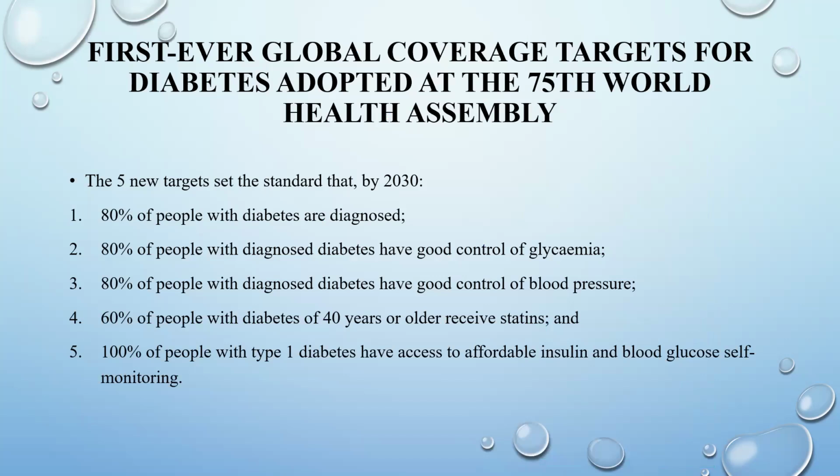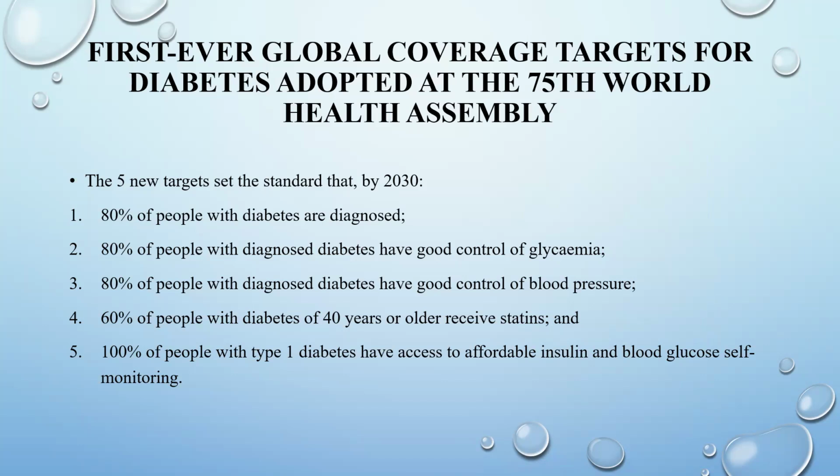The WHO initiated the first ever global coverage targets for diabetes, adopted at the 75th World Health Assembly. It has 5 targets, and the idea is that these 5 targets should be achieved by 2030. The targets are that 80% of the people with diabetes are diagnosed.